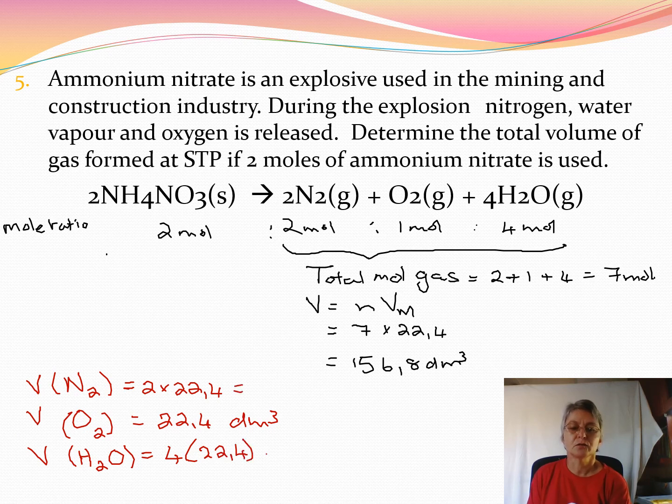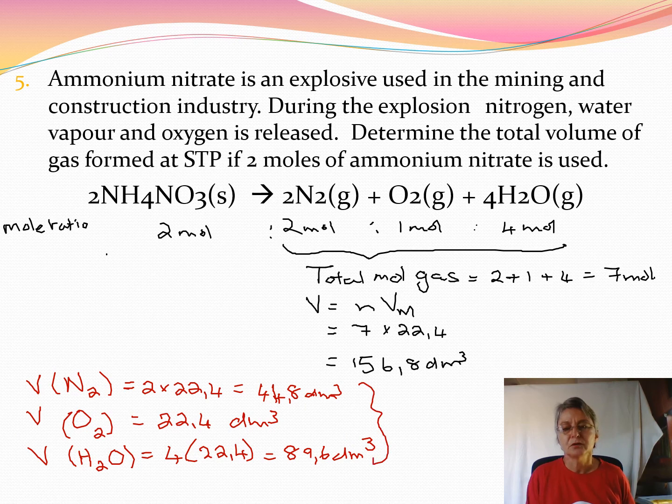So I think if you take this route, then you'll get the same answer. So that's 44.8 cubic decimeters, and this one is double that. That's 89.6 cubic decimeters, and if you add them up, you'll get 156.8 cubic decimeters. So 2 ways to do that.